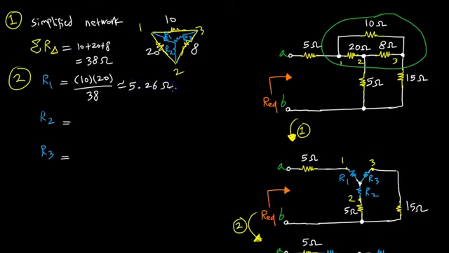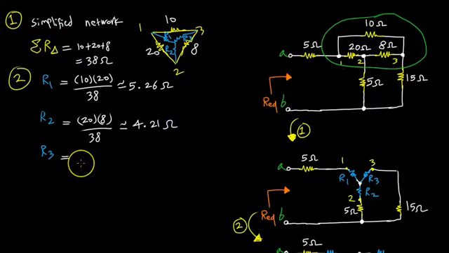Then we have R2, whose adjacent resistors are 20 times 8, divided by 38. I could go ahead and simplify that, but I'll just plug that in for now. That is not the salient point here. The concept is demonstrated, and the answer is roughly 4.21 ohms.